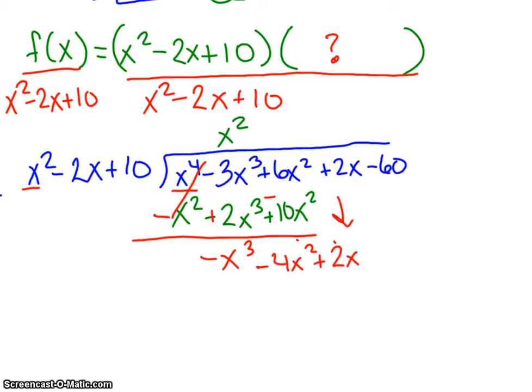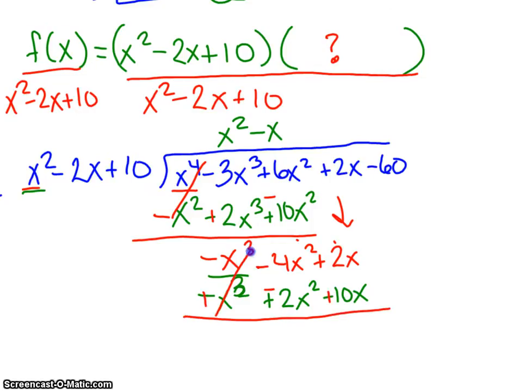Going fast here, okay, and divide again, the first one on the inside divided by the first on the outside. You get negative x. Distribute. Plus 2x squared minus 10x. Switch the signs, the first one cancels.